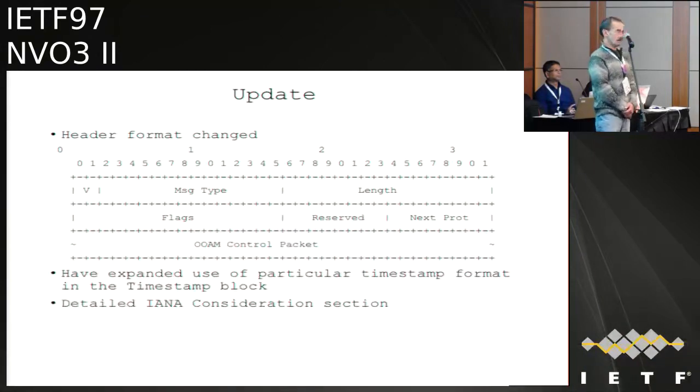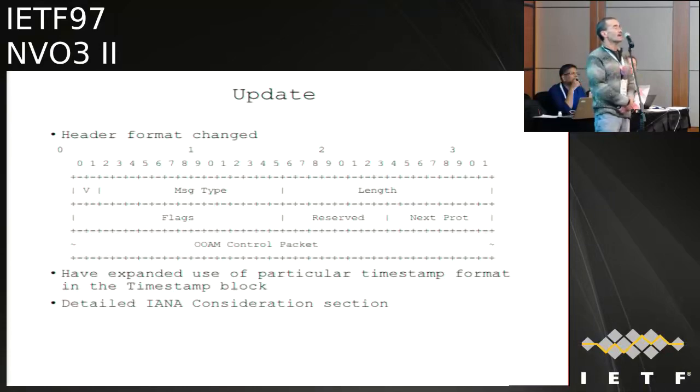Hey, Greg, Frank Brockners. So how would the new header format fit into something like VXLAN GPE? Would you propose this to be a new protocol header in VXLAN GPE, or how do you see it? No, this, as described, is an update on version 0. So this is a version 1 update.